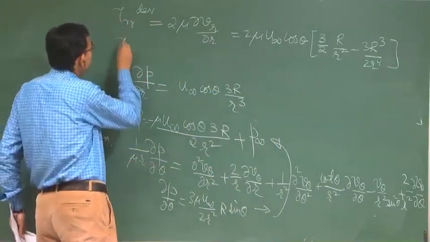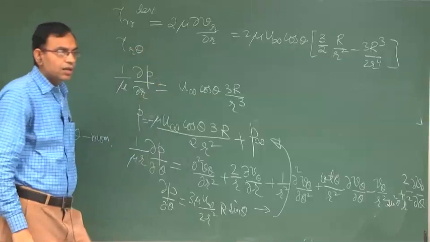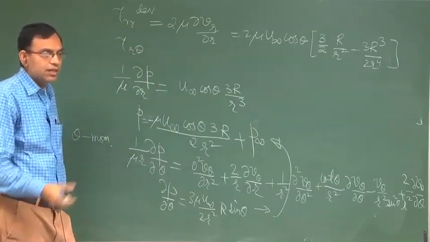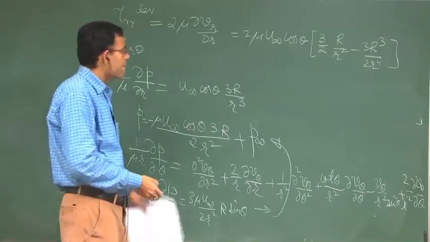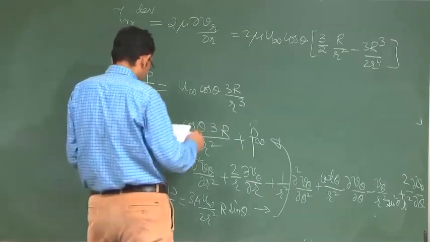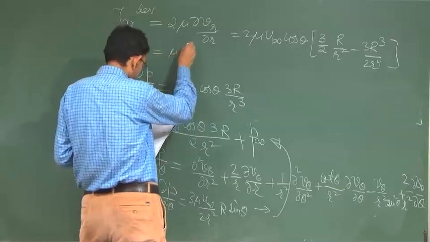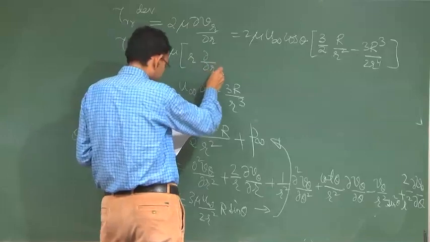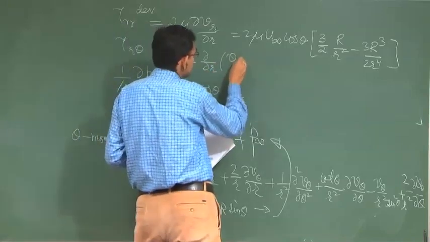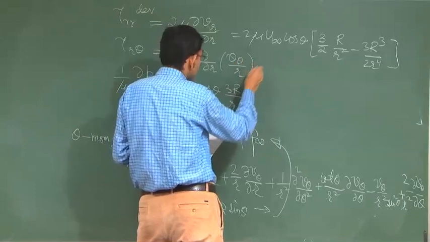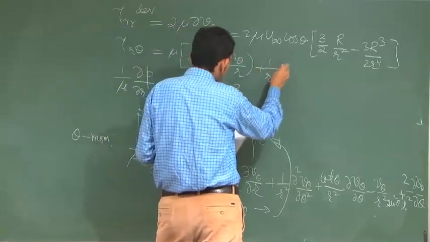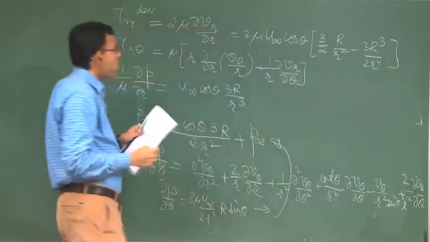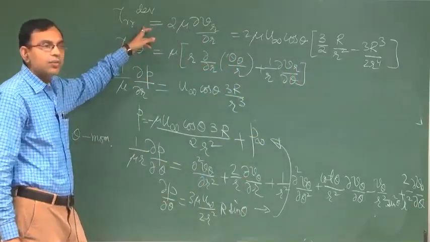Tau r theta has only a deviatoric component, it does not have any hydrostatic part because it is shear stress. So its formula is mu. So this is viscous normal stress.